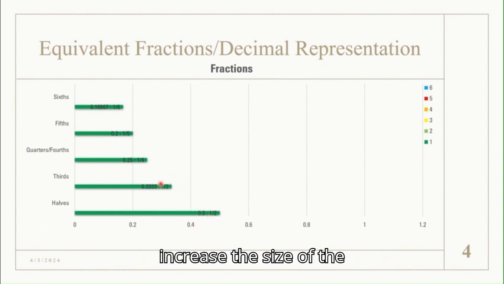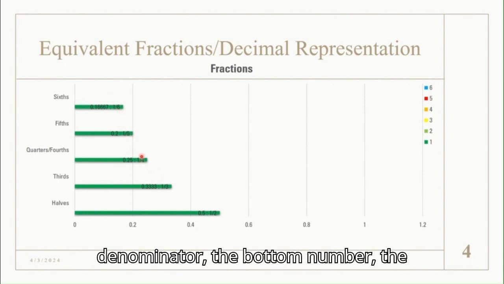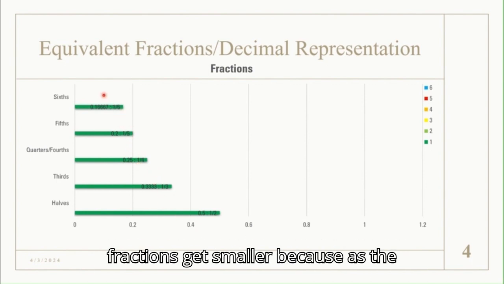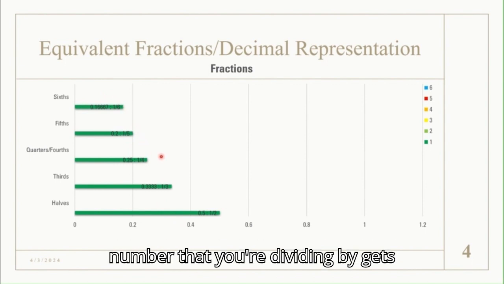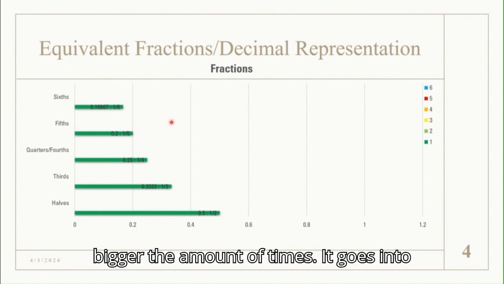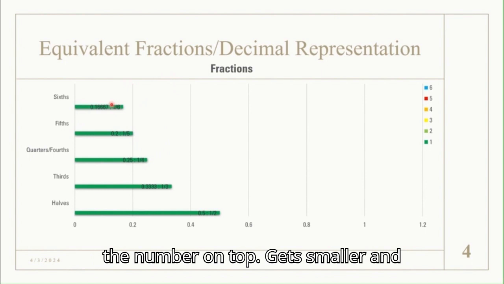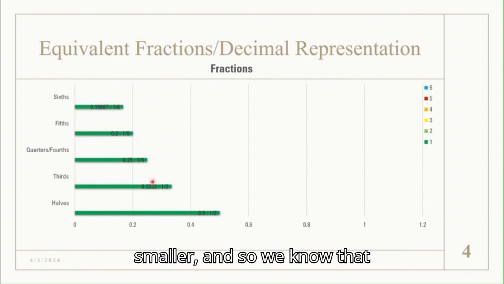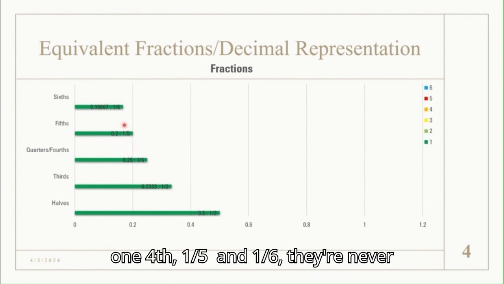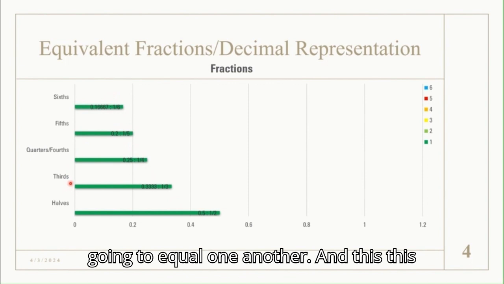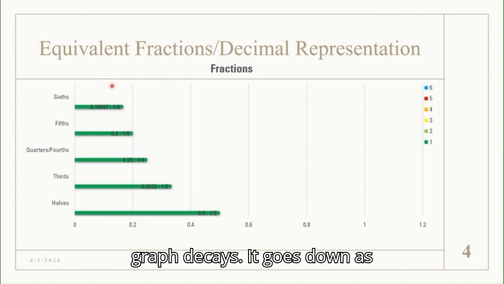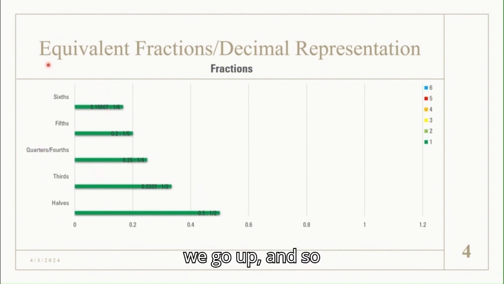As we increase the size of the denominator, the bottom number, the fractions get smaller, because as the number you're dividing by gets bigger, the amount of times it goes into the number on top gets smaller and smaller. So 1/2, 1/3, 1/4, 1/5, and 1/6 are never going to equal one another, and this graph decays. It goes down as we go up.